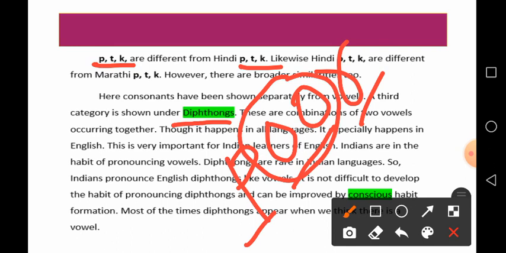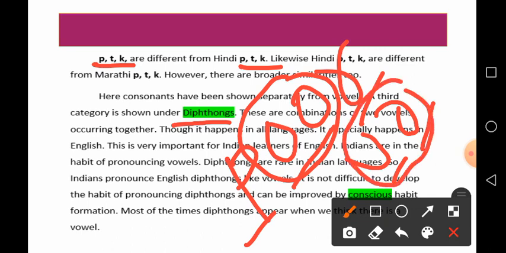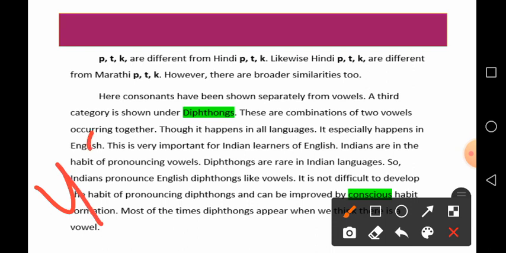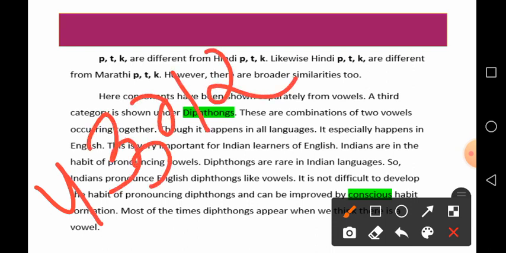How is it pronounced? U and then a. So u is one vowel and a is next. So this is a combination of u and a. So the word poor is pronounced p, u, a and r. The word is pronounced poor.